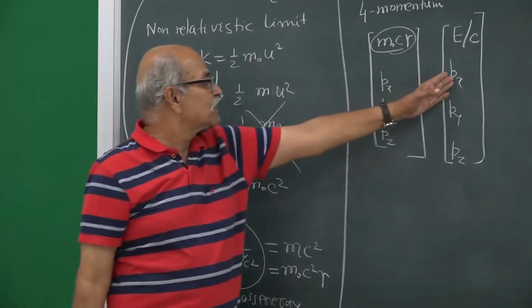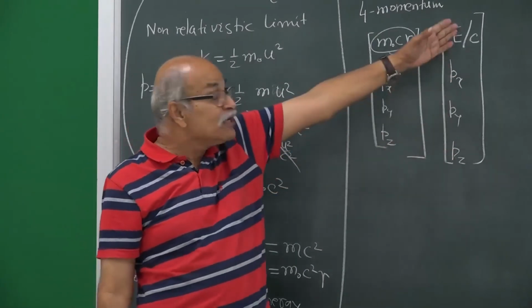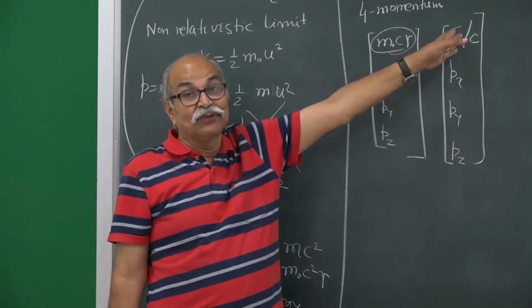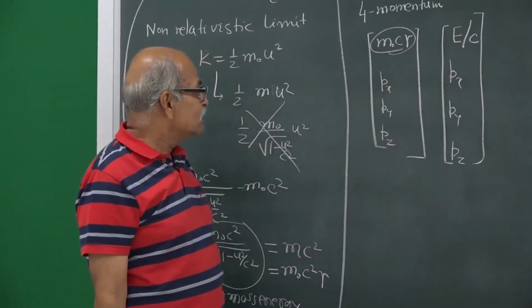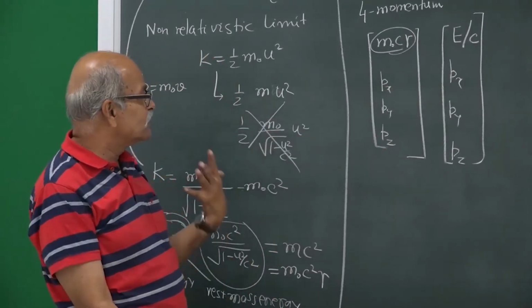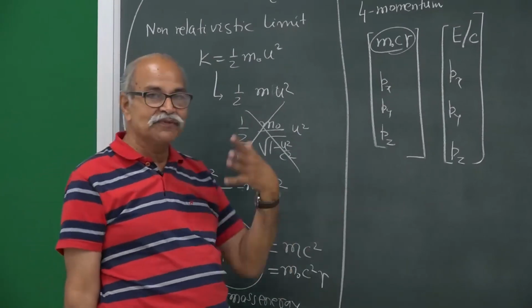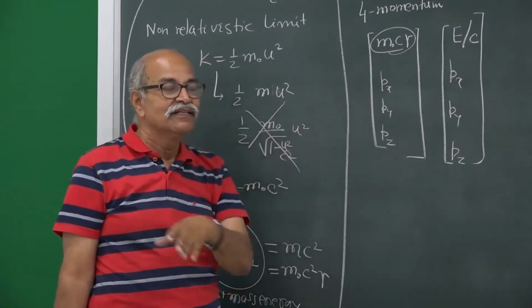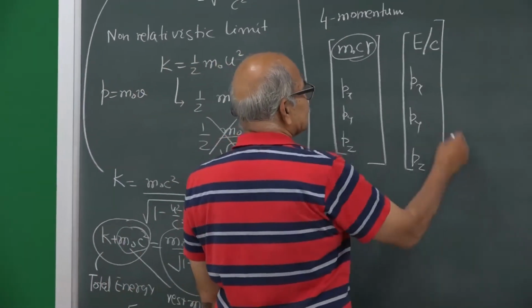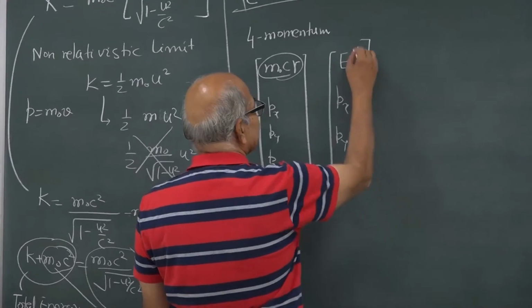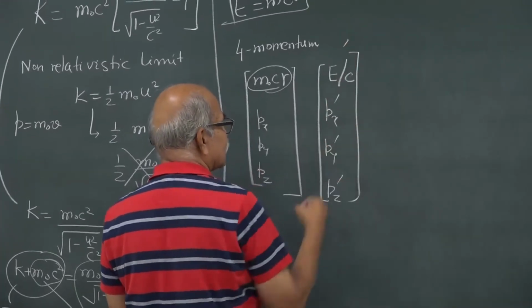So, these 3 components give you momentum and the 0th component gives you total energy, capital E by c is here. So, that is the expression. This is a 4 vector, it transforms like that ct, x, y, z, the same Lorentz transformation, if you are changing frame. So in primed frame, let us say these are the quantities.